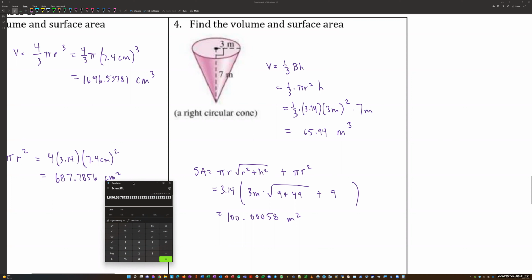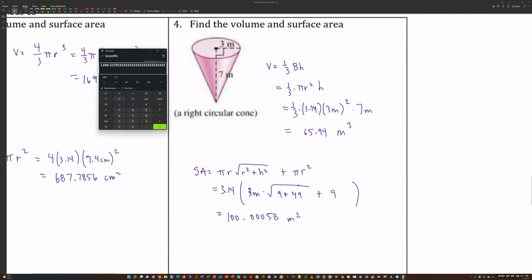In the calculator, 3 squared is 9 times 7 times 3.14. And then we divide this by 3. So we get 65.94. But this would be meters cubed because it's a volume. Does that make sense, guys? Yep. Does anybody have any question so far?